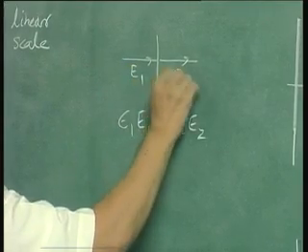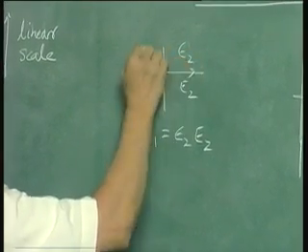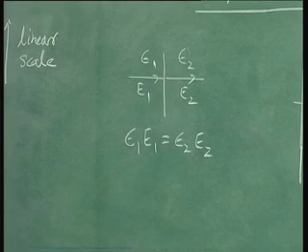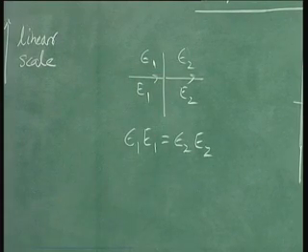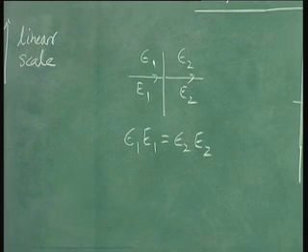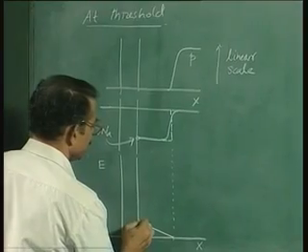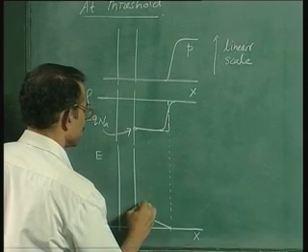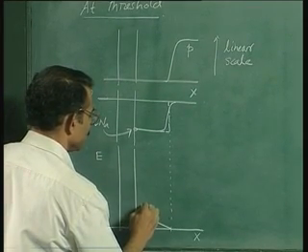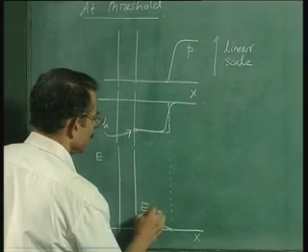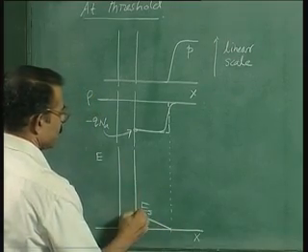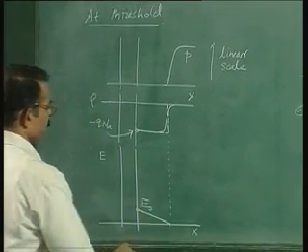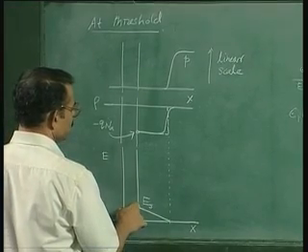This is E1, this is E2. The dielectric constants are epsilon 1, epsilon 2. Now, using this relation, if you call this the surface electric field in the semiconductor, we give this the symbol Es.